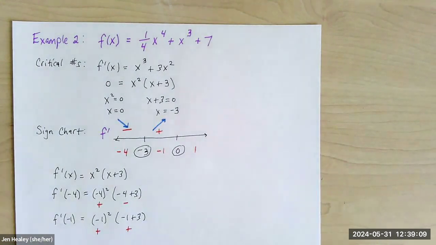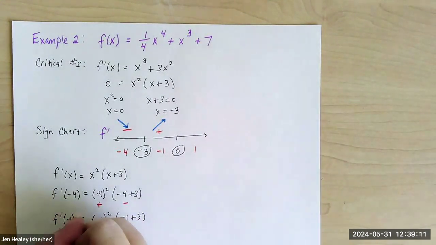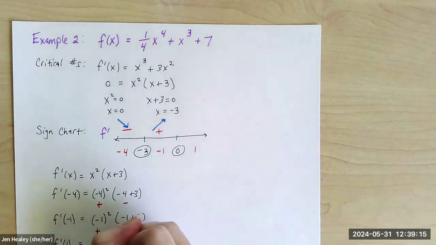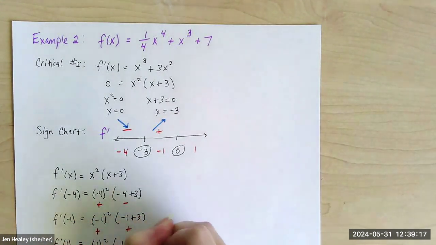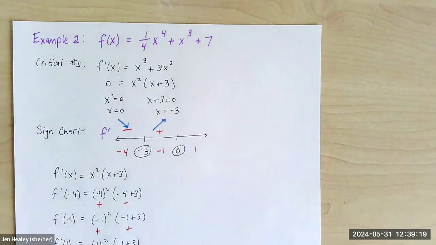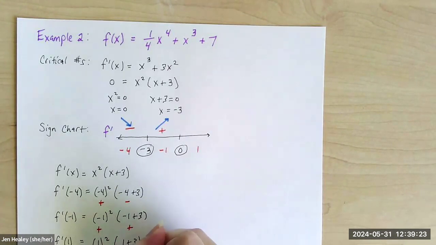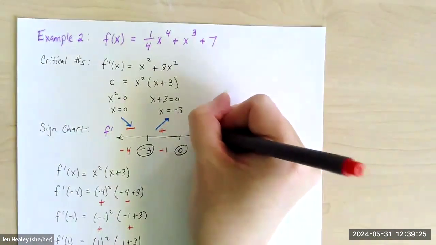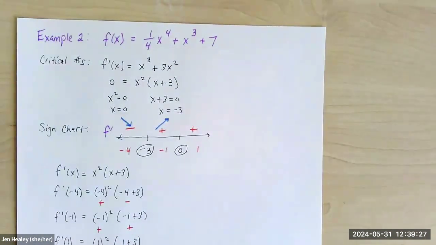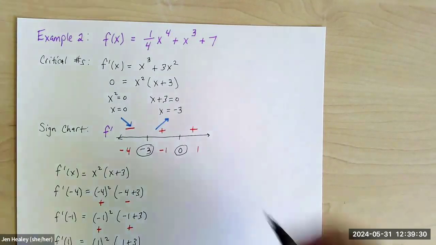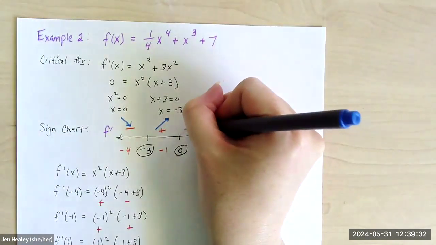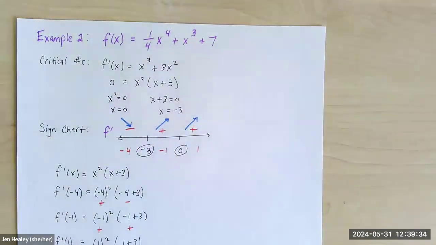And then finally, if I plug in 1, then I have positive times a positive again. So I get positive in this region. So what's interesting about that is that it didn't change directions. We're still increasing.